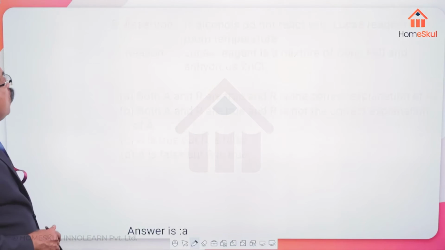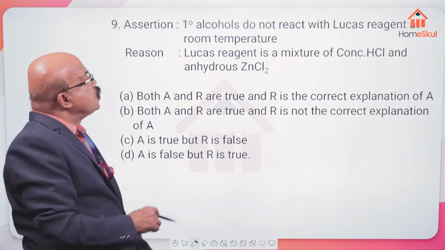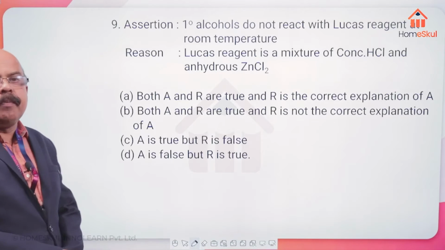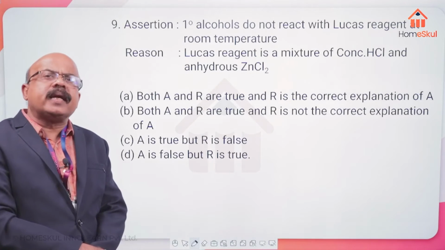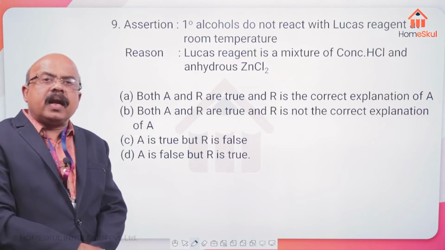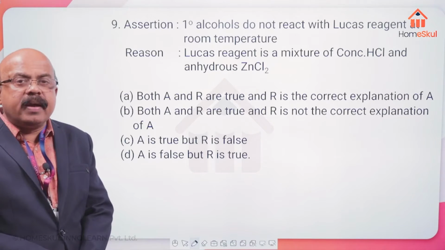Okay. The next assertion question: primary alcohols do not react with the Lucas reagent at room temperature. Primary alcohols can react with the Lucas reagent only on heating. There is no reaction of primary alcohol with the Lucas reagent at ordinary temperature. That statement is correct.